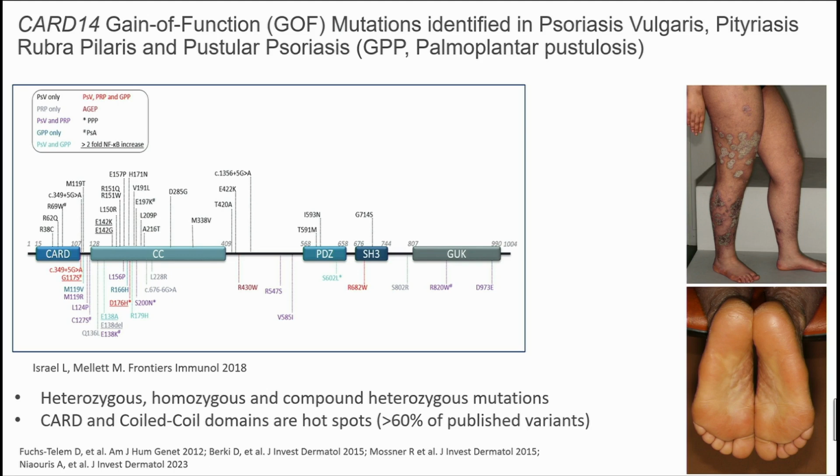You can see that there are some variants that mainly lie in a sort of hot spot, mainly in the CARD or coiled-coil domains, and this accounts for 60 to 70% of the mutations identified so far.